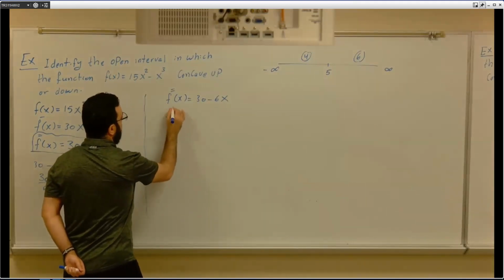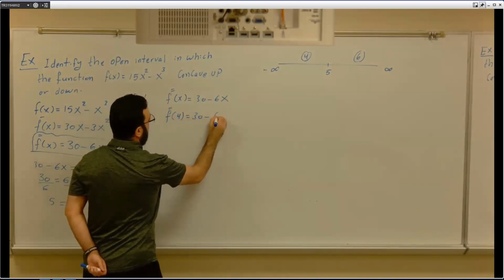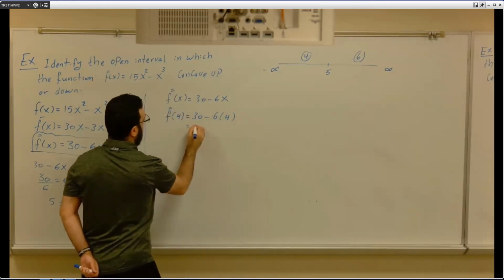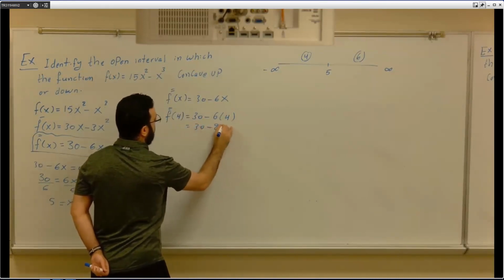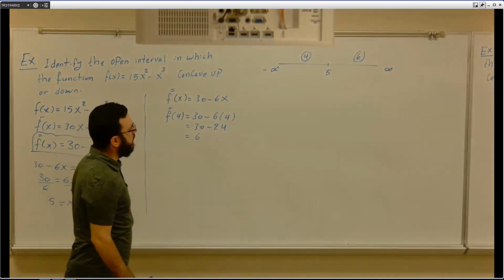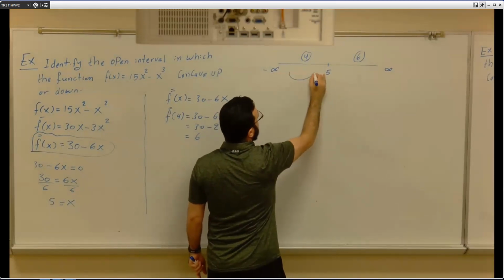That means f double prime of 4 is going to be 30 minus 6 times 4, which is 30 minus 24, which equals 6. It's positive. That means from negative infinity to 5, the function is concave up.